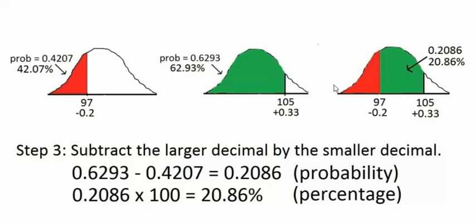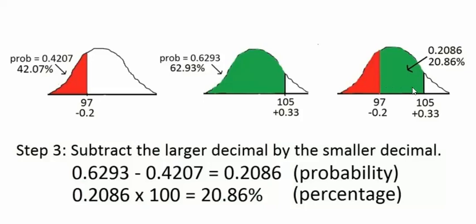Next, what we did was we subtracted the red piece from the green piece. We subtracted this piece from the bigger green piece, and we got what was left over. So basically, we subtracted the green by the red, and we got this area here that's left over, which happens to be 20.86% between 97 and 105 right here.